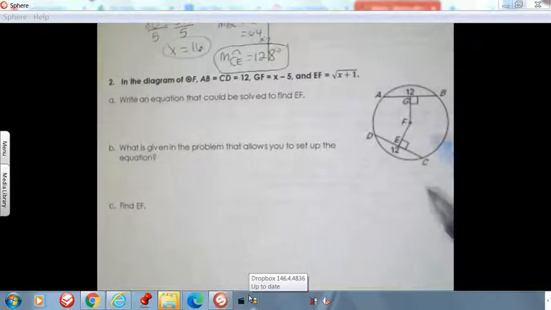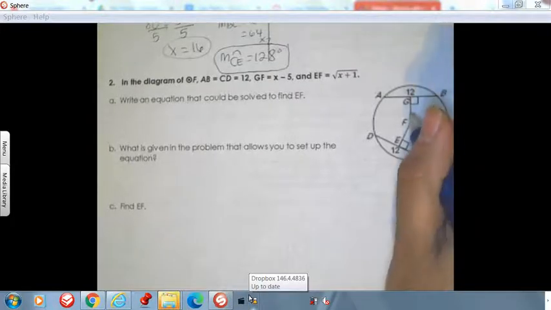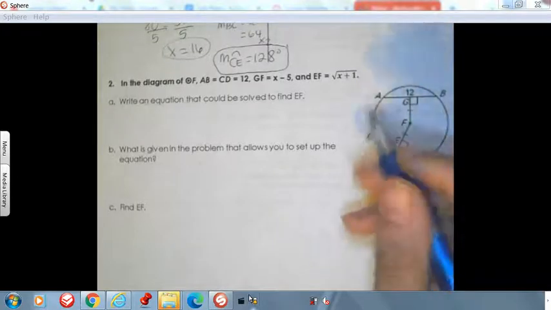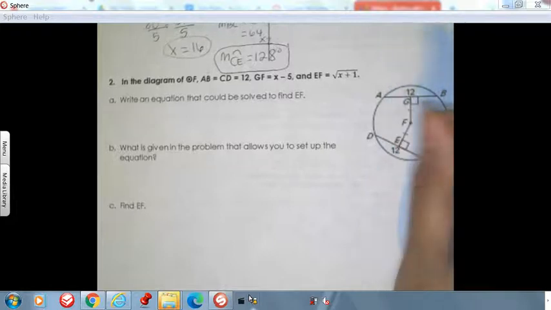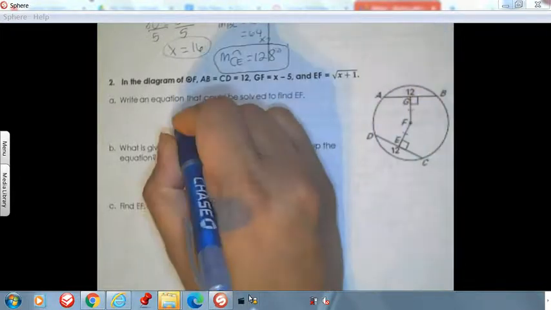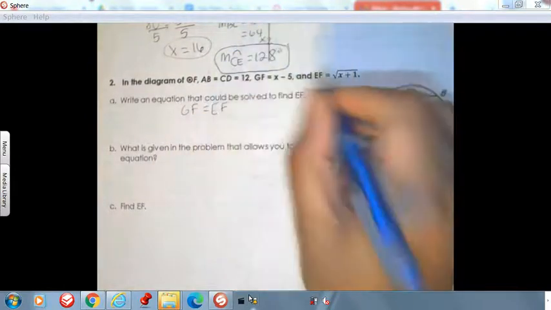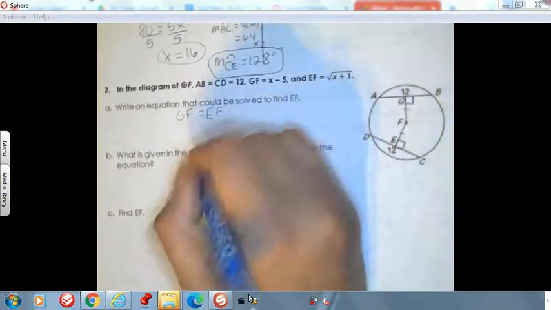If we look at our diagram, GF and EF will be equal to each other based on the theorem that we saw on the front page. It was theorem 10.6 that shows that when these two chords are equal, and you have a perpendicular bisector, you then know that these are equidistant, or the same distance away. So GF is equal to EF, and since we know what those two are, we can just set them equal to each other.